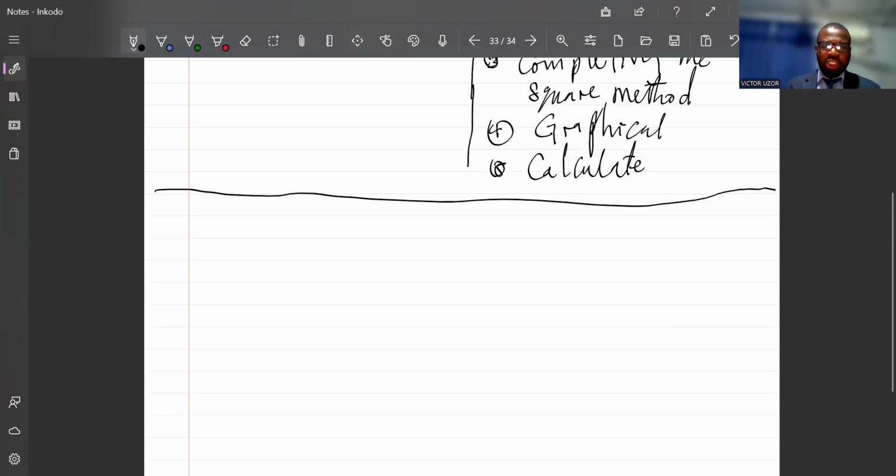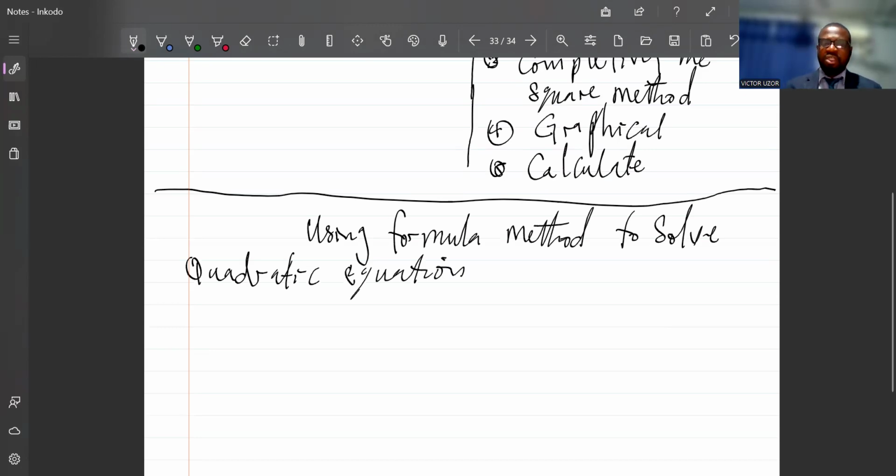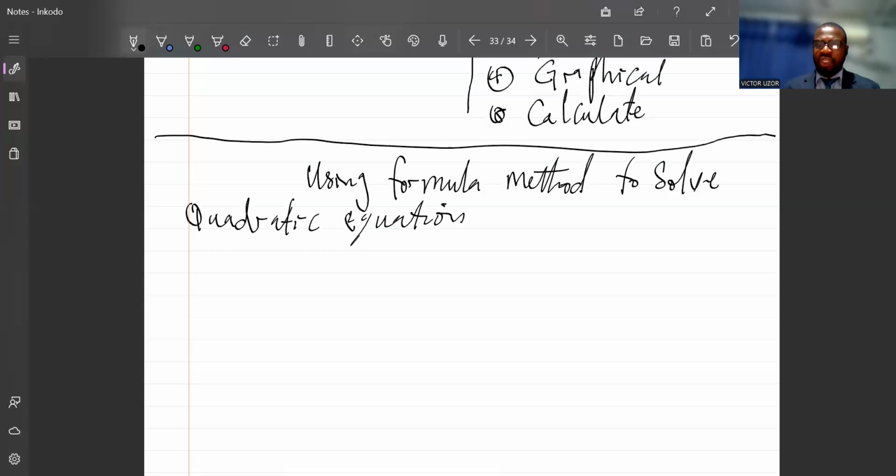Remember, using the formula method to solve a quadratic equation. The quadratic equation is always in the form ax squared plus bx plus c equals 0.